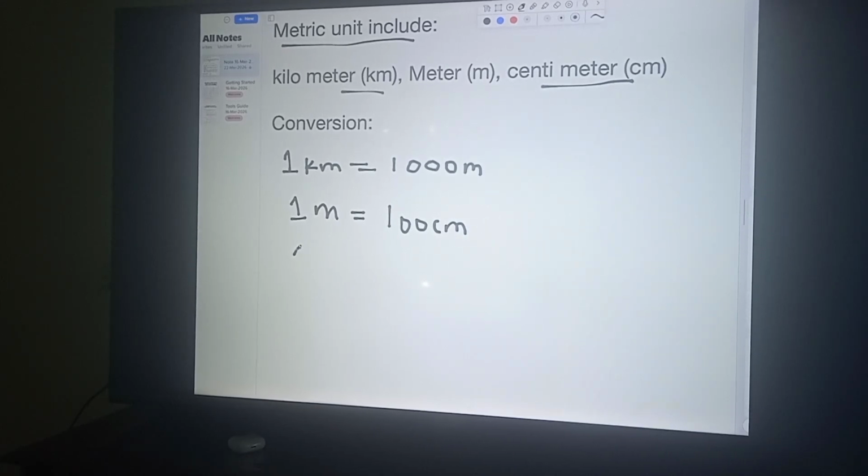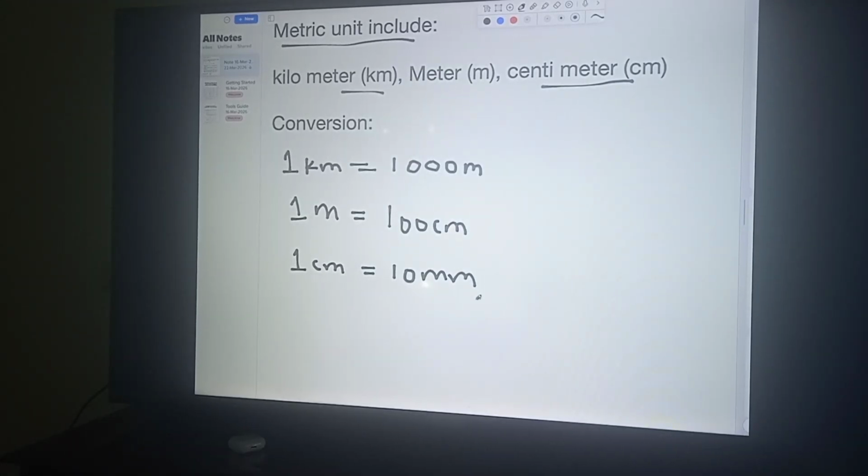Then 1 centimeter can further be converted into millimeters. So 1 centimeter is equal to 10 millimeter.